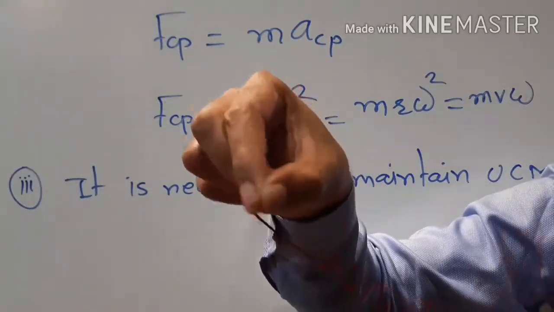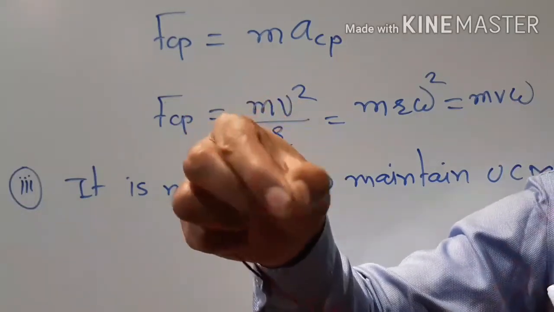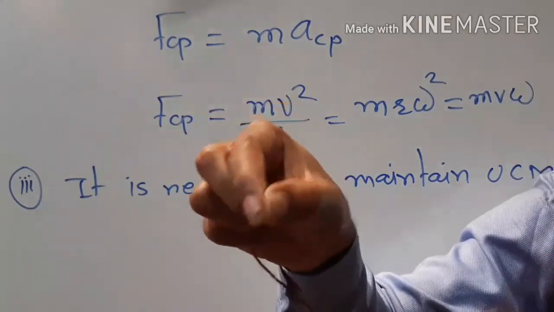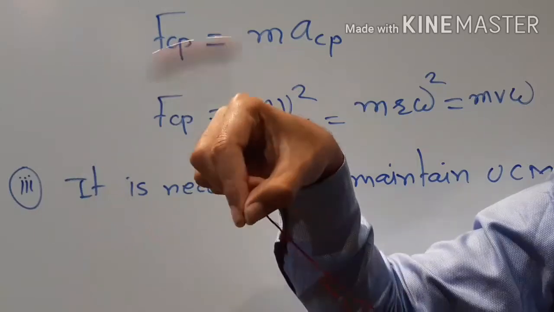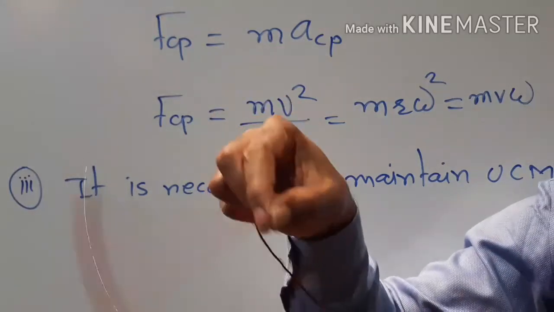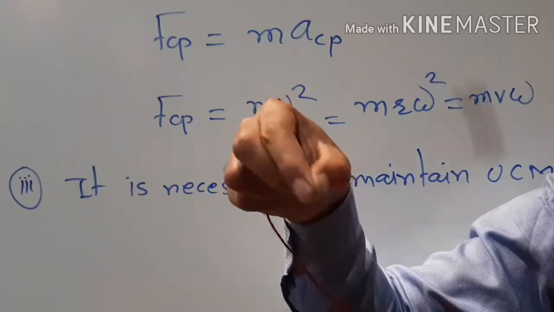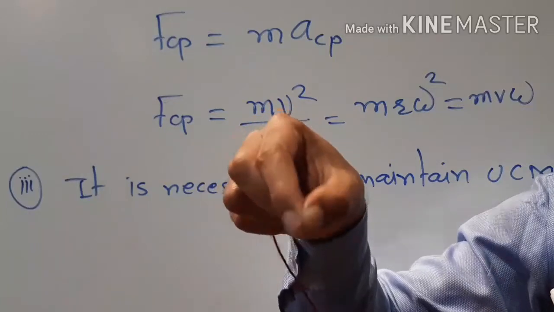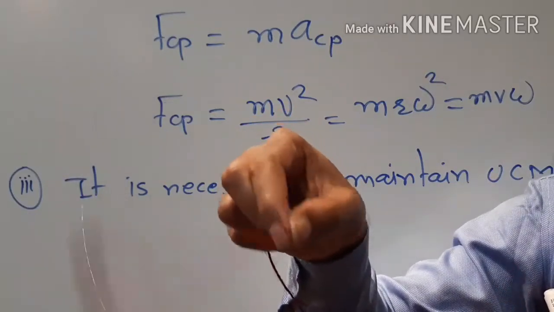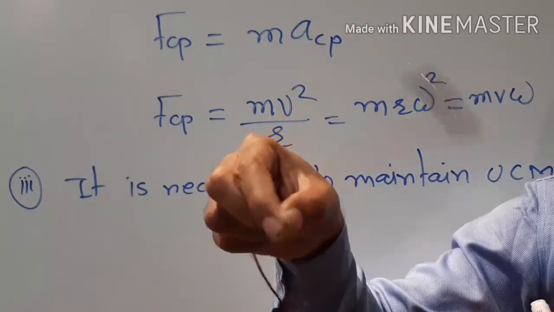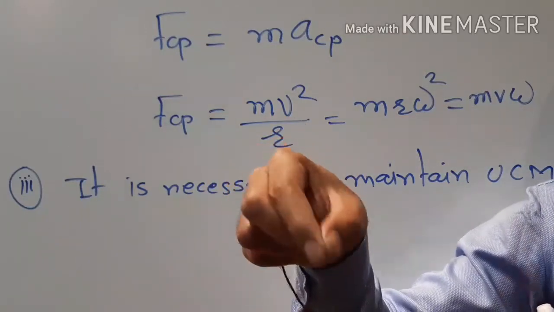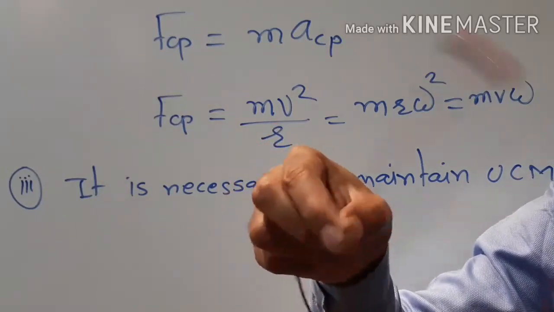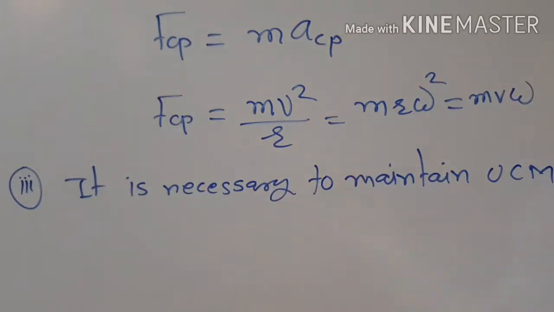In this case the force acting along the string is towards the center and along the radius, and so the force along the string is called the centripetal force. The bob maintains its UCM as long as the centripetal force acts along the string, or until the string breaks. When the string breaks, the bob will not remain in circular motion, and it shows that the centripetal force is necessary to maintain the UCM.